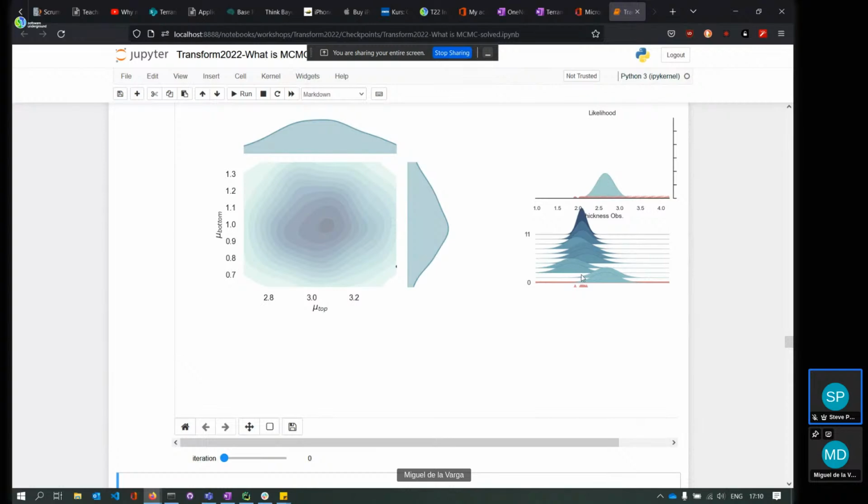And we are also defining all the observations that we see in the likelihood plot. And now we are trying to integrate all of this, so basically finding the areas in our blue space that fit the observations best.